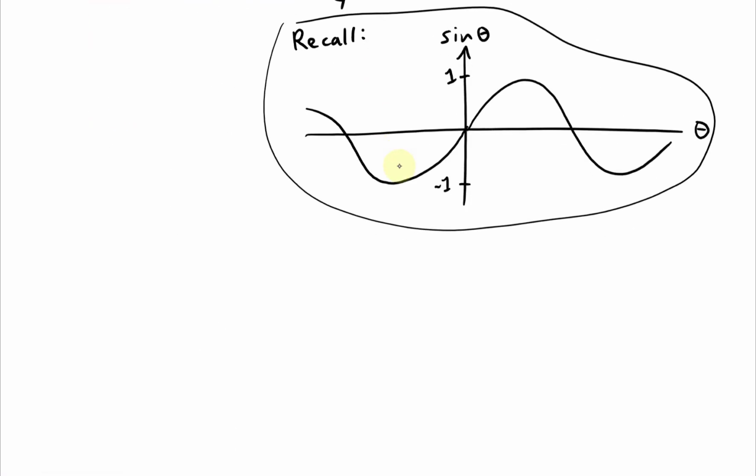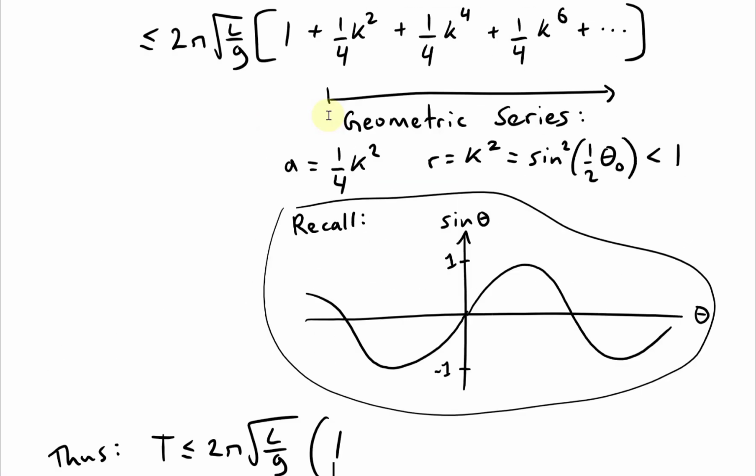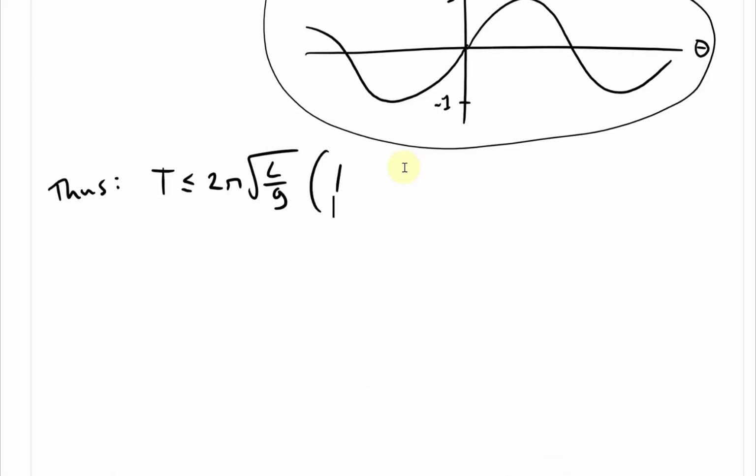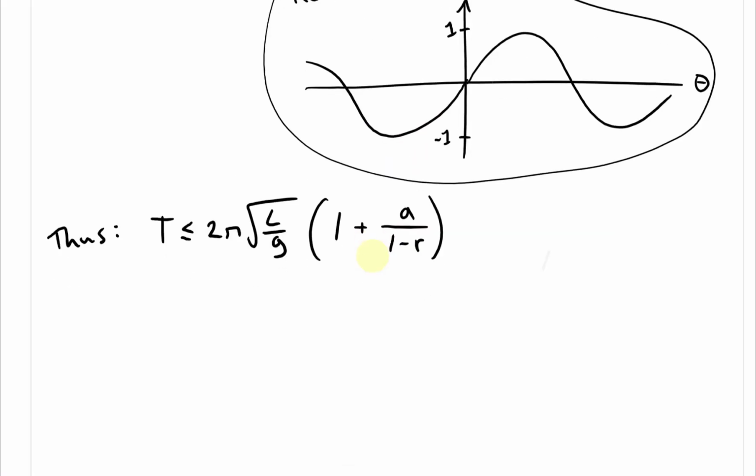So thus T is going to be less than or equal to 2 pi square root L over G times 1 plus a over 1 minus r. And that's the sum of the geometric series.